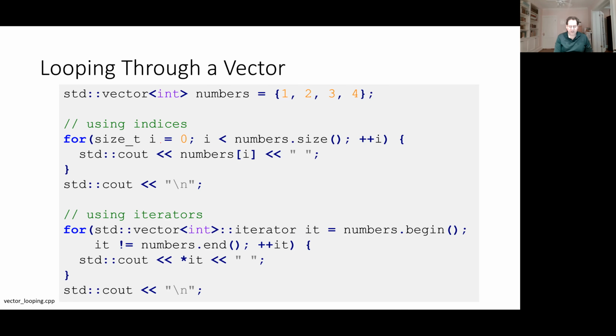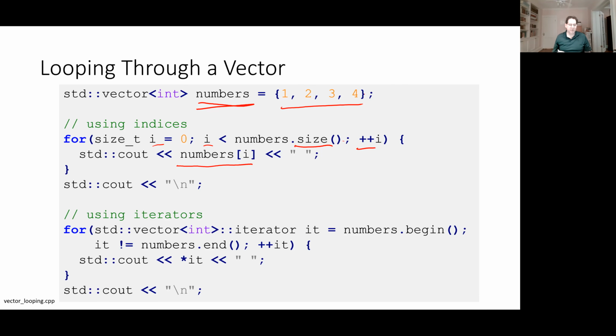So what does this do? It says for I equals 0, where I is my index variable, I less than the size of the vector, keep incrementing I, and access my vector numbers with that index I and print it out. So this is going to print out 4 numbers. That's going to print out my vector. And you hopefully remember how to do that from last week.